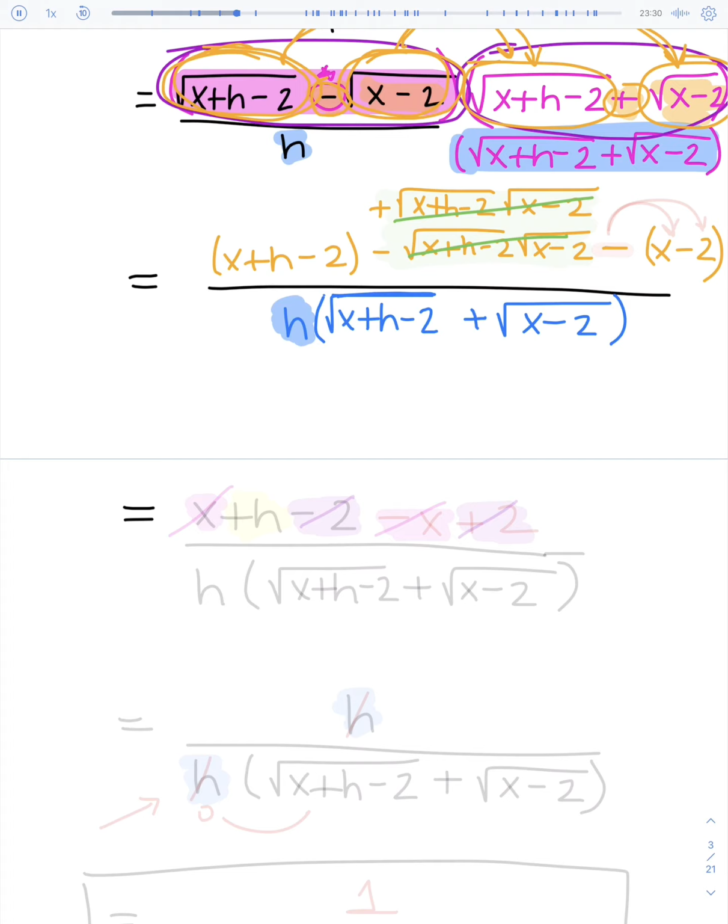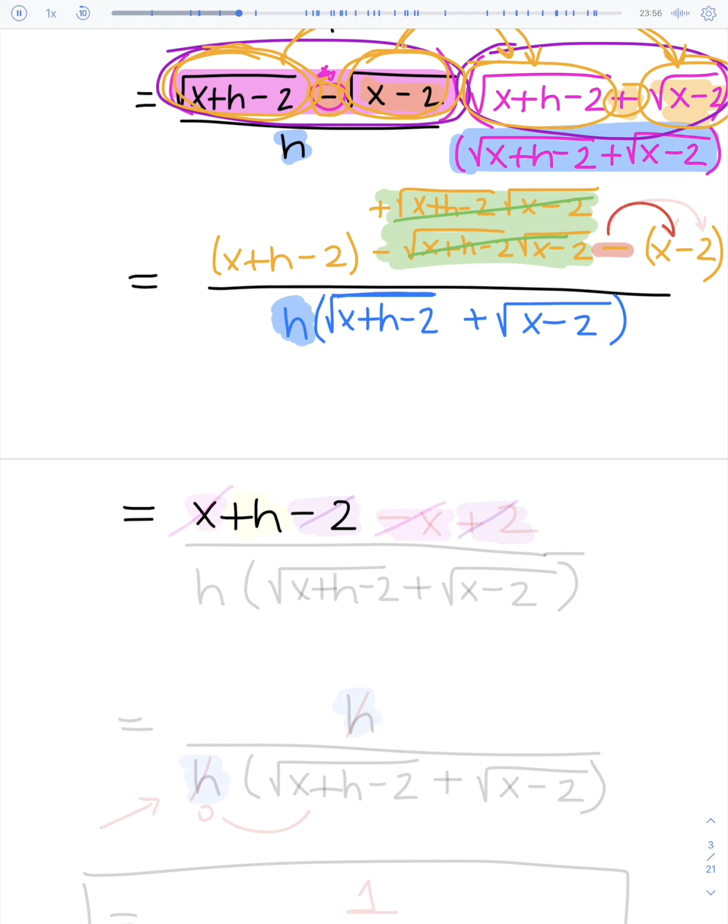Because at least these two middle pieces canceled out. So those are gone. These two canceled out. One was a plus and one was a minus. And my first piece, that x plus h minus 2, there's nothing I can do with that. However, the second piece, as long as I did remember my parentheses, I've got a minus sign out in front.